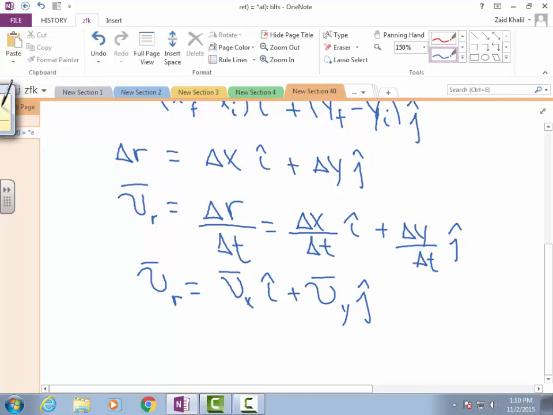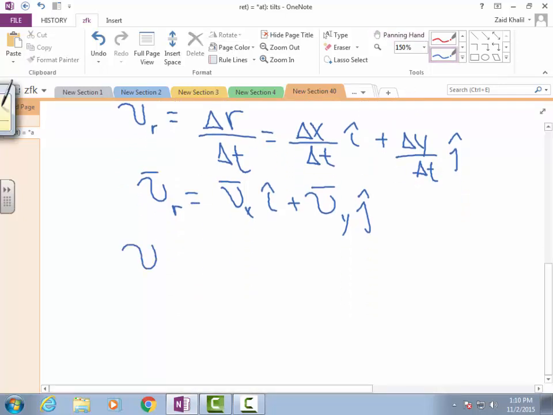Now that I have average velocity defined, what can I define with it? No, not yet. You need instantaneous. So how do you define the instantaneous velocity? In other words, what is V_R of t? Be careful.